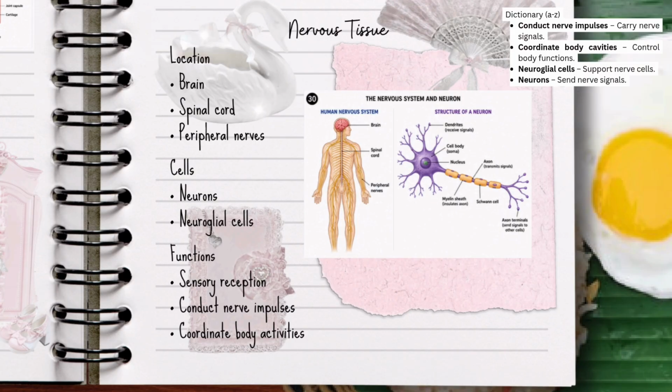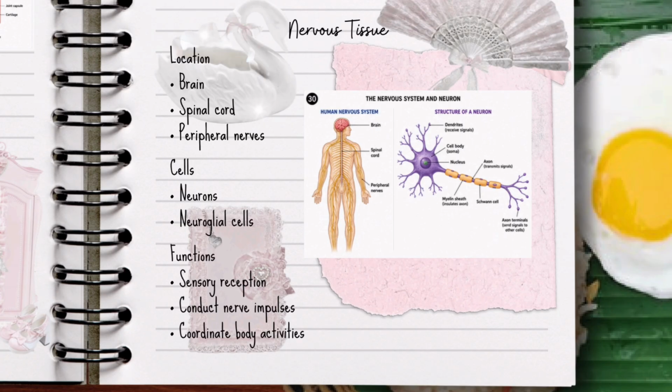Nervous tissue is found in the brain, spinal cord, and peripheral nerves. Its primary functional cells are neurons, which generate and transmit electrical signals called nerve impulses. Supporting these neurons are neuroglial cells, or glial cells. Although they don't conduct impulses themselves, they nourish, protect, and support neurons, ensuring that the nervous system functions efficiently.